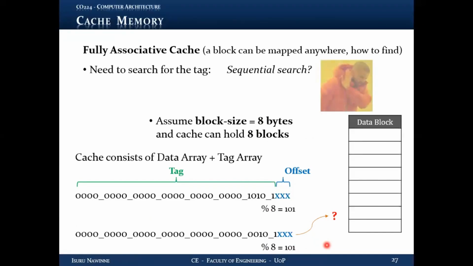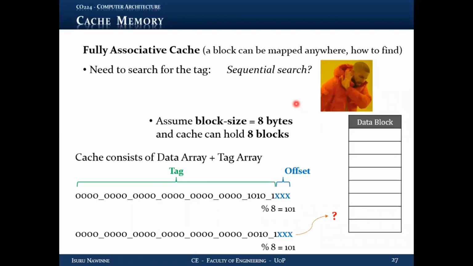It can be anywhere, right? So how can we find this block now? We introduced the direct map concept with the index field in order to find the block when the CPU needs it. Otherwise, you had to do a sequential search, and we don't want to do sequential search. It's not going to be efficient, right?